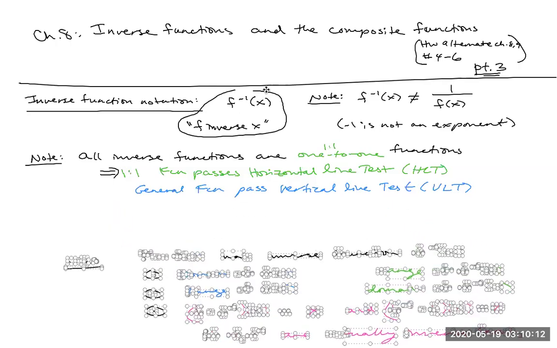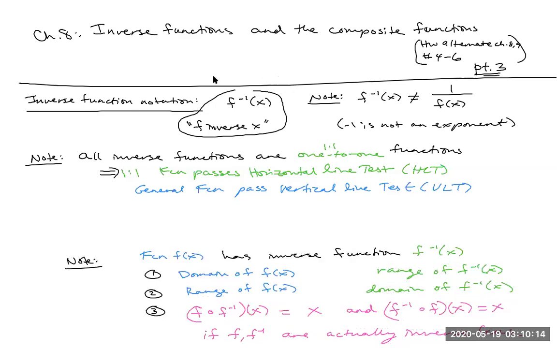Okay, let me just put that down there for a moment. So just an example. Let's just say that we have this relation and it looks like this. Call that f of x. So it's a line, right?